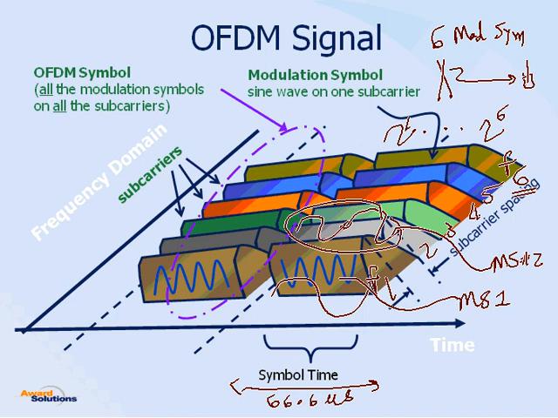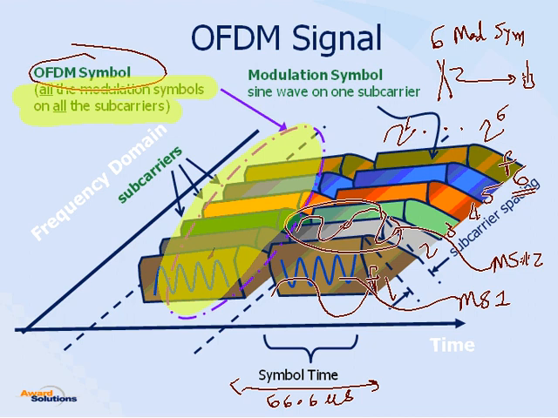If I combine all the modulation symbols on all subcarriers from a transmitter, I have created an OFDM symbol. So there's the definition. One OFDM symbol is nothing but the modulation symbols being carried over subcarriers.